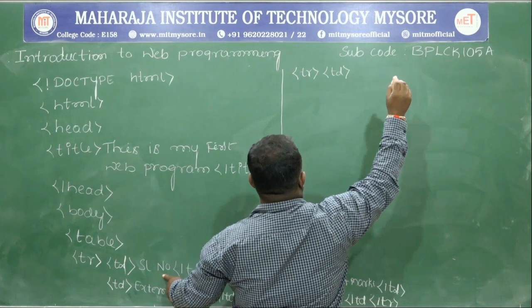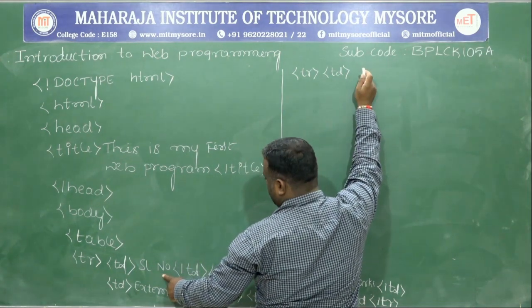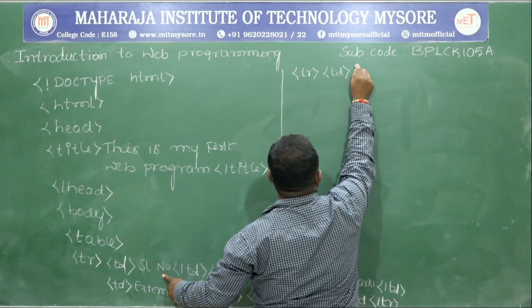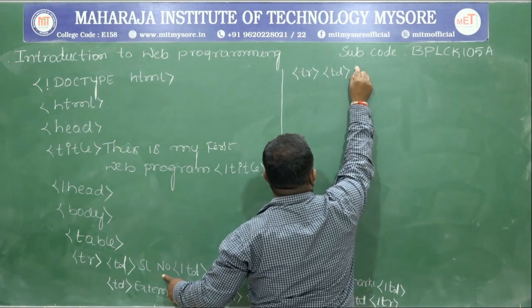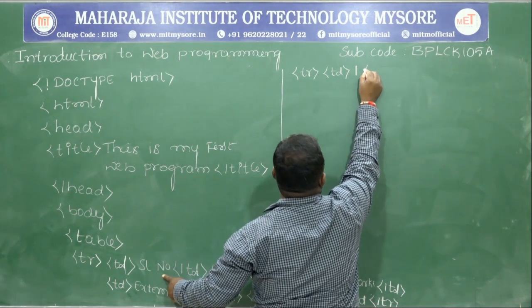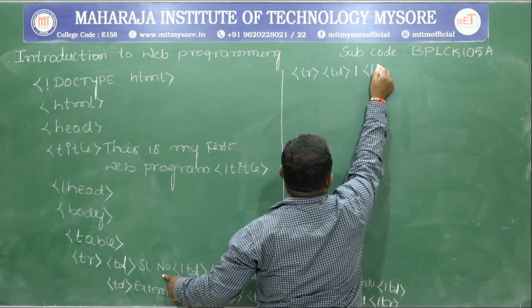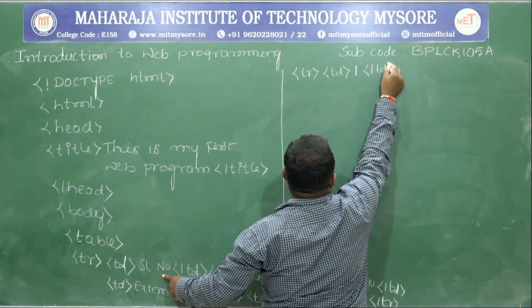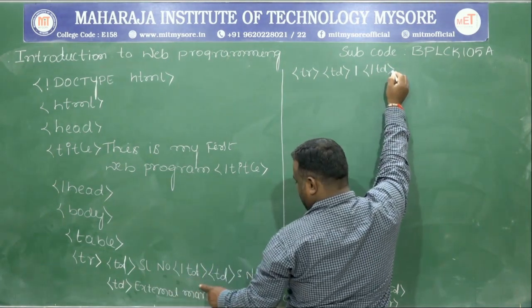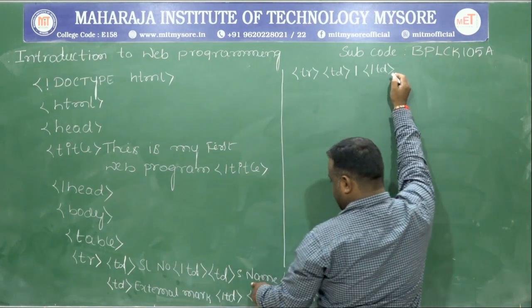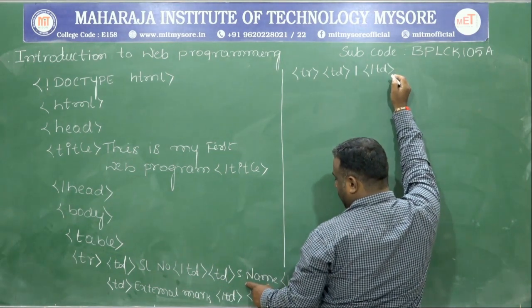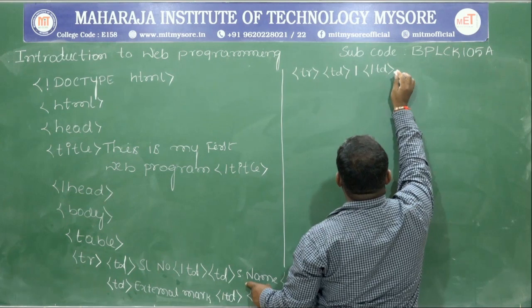The first column in the first row is the serial number. First I am going to enter serial number 1, and then end of the td, and then the next field, the second column in the first row, student name.